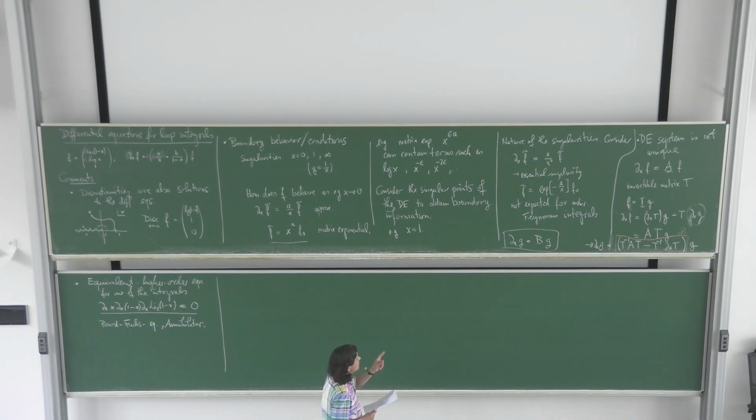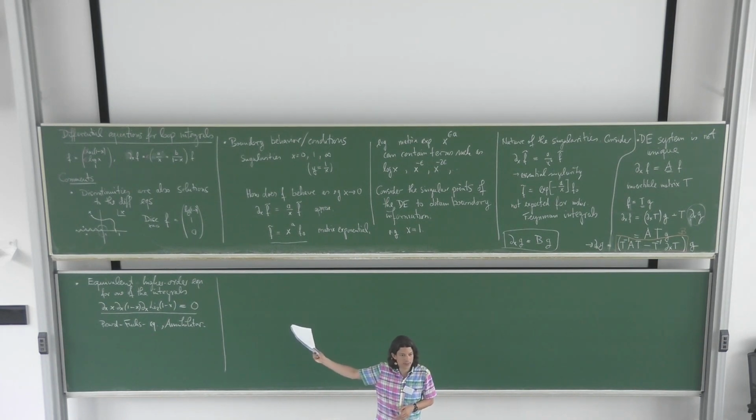The question is, does the matrix T have to be invertible for all x? Oh, okay. So in general, I assume that it's invertible up to... I mean, you can write down a T which has some singular points. So in particular, I could write down a T which has some singularity, let's say at x equals 2, which was never present in the original system, and then I would make a pole appear.